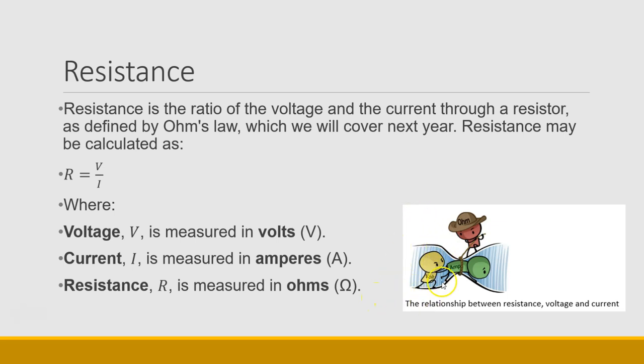Then we have the voltage. Voltage is the energy per unit of charge. So it is how much energy is there to push those electrons through the circuit. It is measured in volts and it is represented by the letter V. And finally, the resistance is the thing that makes it harder for the current to move through the circuit.